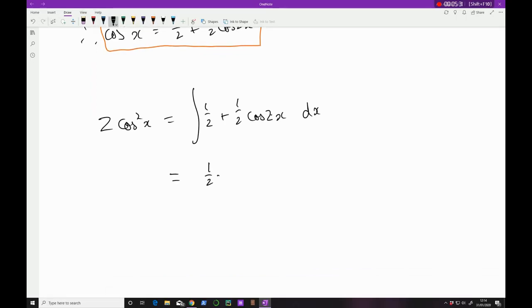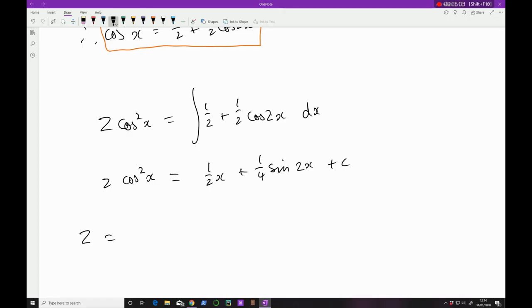That's just going to be a half x plus a quarter sine 2x plus c equaling z cos squared x. Okay. Now we need to get it into a more general solution. So that is going to be that I divide everything by cos squared x.